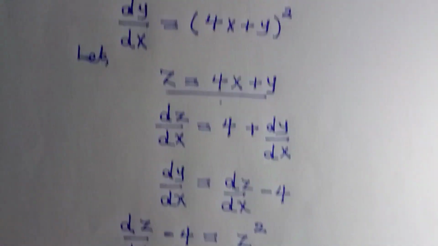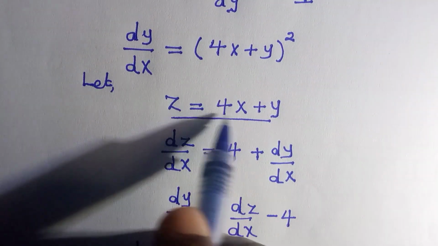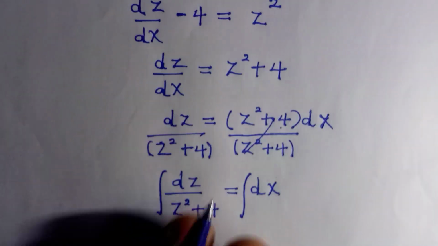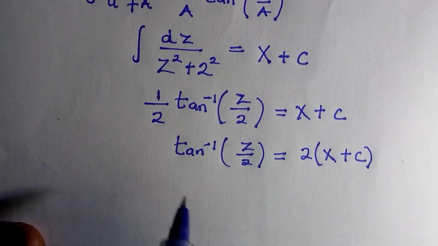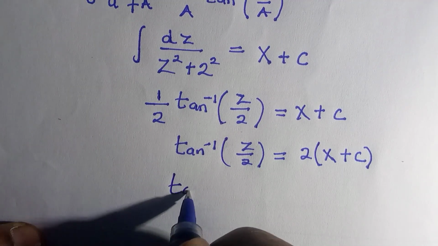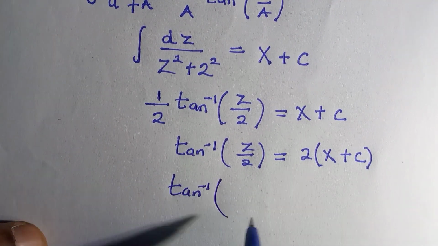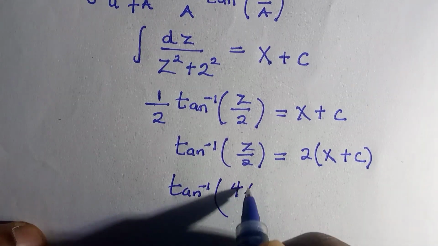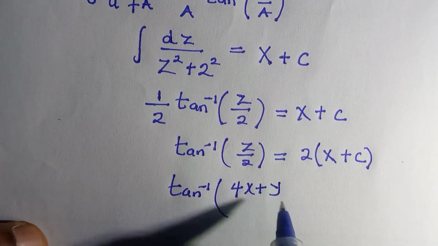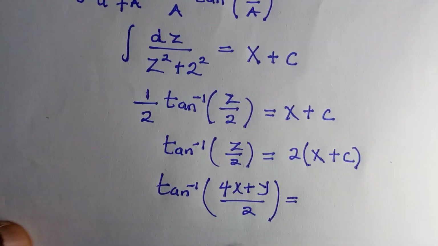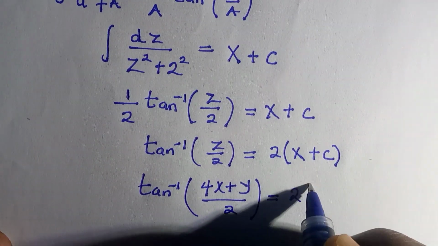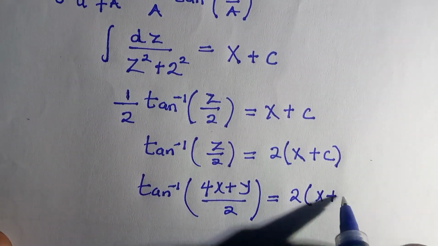And don't forget that the value of z that we let above is 4x plus y. That is from the question. By replacing it here, we have tan inverse of (4x plus y) divided by 2 equals 2 bracket x plus c.